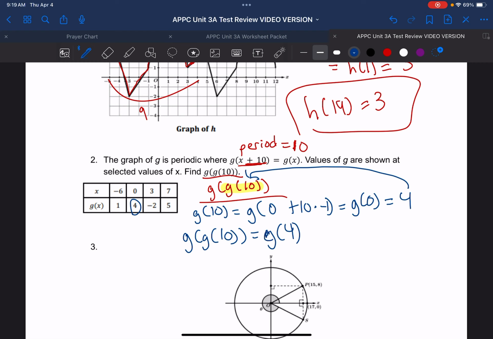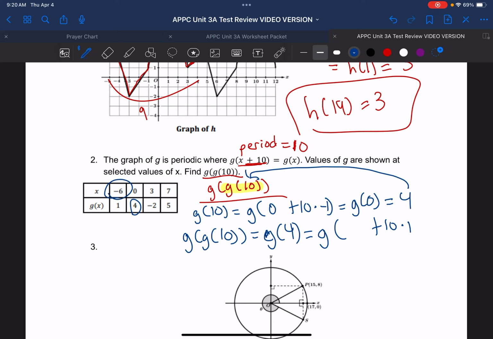And I've got to do the same exact process with g of 4 because it's not in my chart. If 4 was an x value given to me, I could just use that. But in this case, I need to rewrite this as g of something plus 10. And looking at my options, once again, I'll see that I can multiply by 1, sorry, because I want to get to negative 6 here.